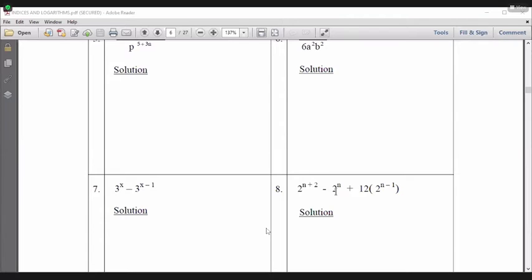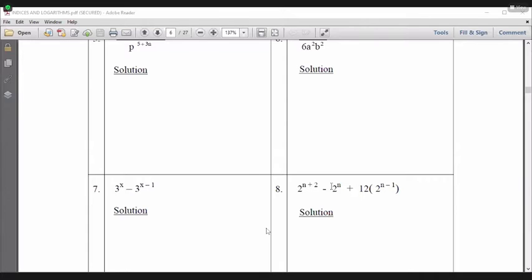Maybe we have lost each other. Where are you saying 3? My friend, 2 raised to power n plus 2. Have I said 2 raised to power n times 2 raised to power 2? Is that true? Yes. And 2 raised to power n, what's the common factor? Is it not 2 raised to power n outside?